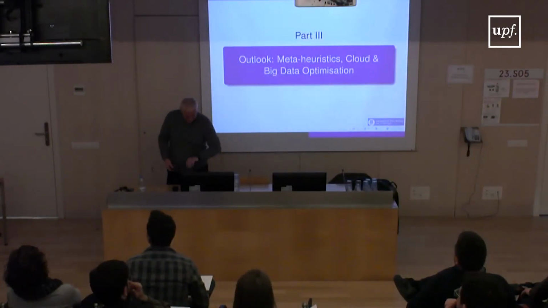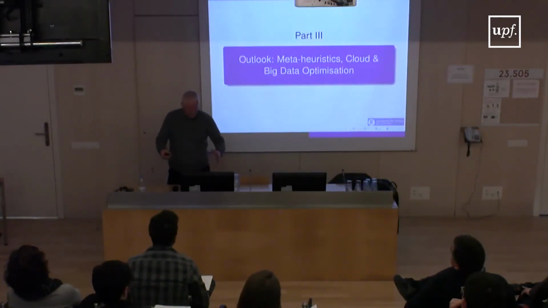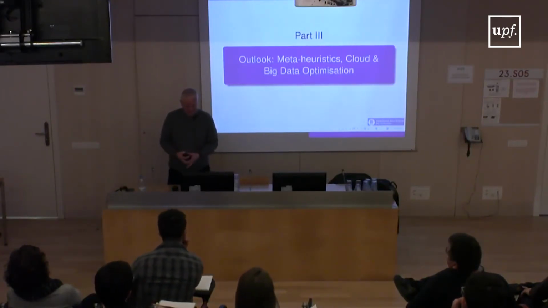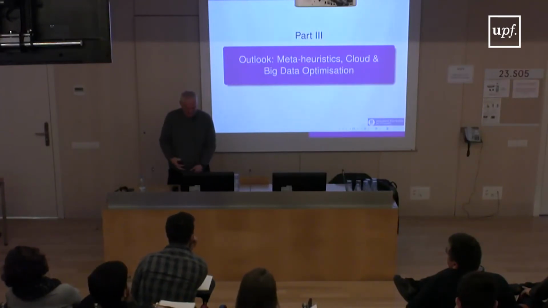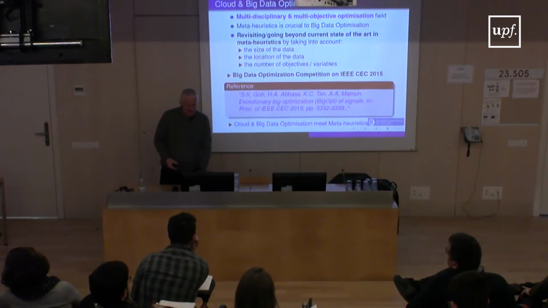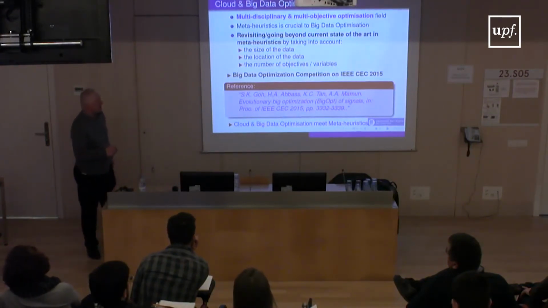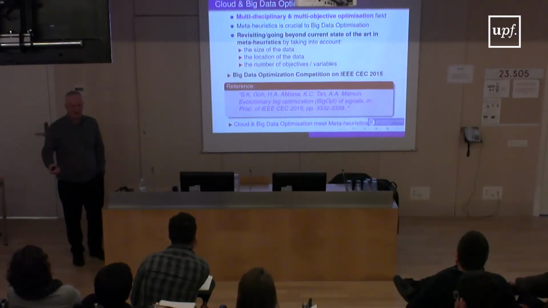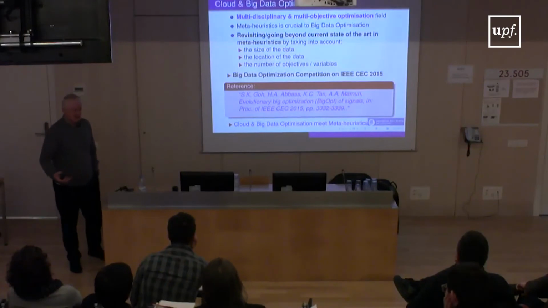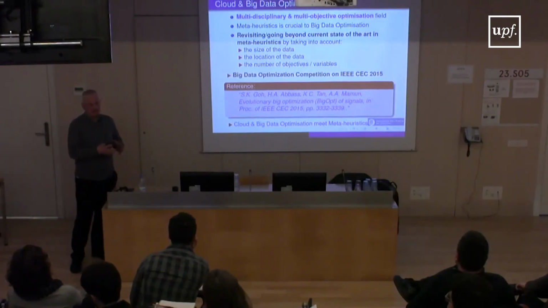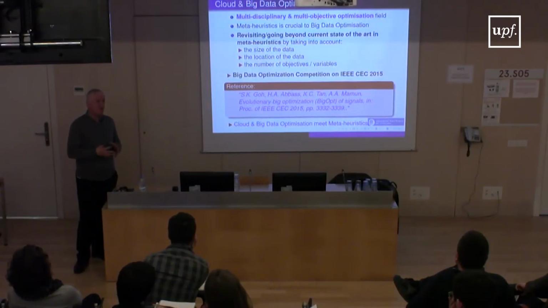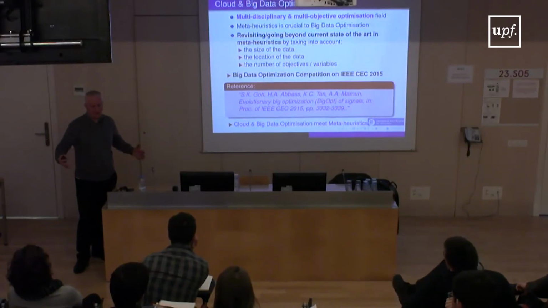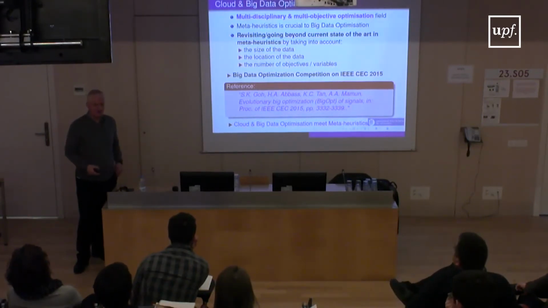And finally, a brief outlook on this multidisciplinary field of meta-heuristics and cloud and big data optimization. Optimization has always been a key point in all systems. You need to optimize. But as systems, especially distributed systems, become more complex and serve a larger number of users, optimization is becoming challenging.